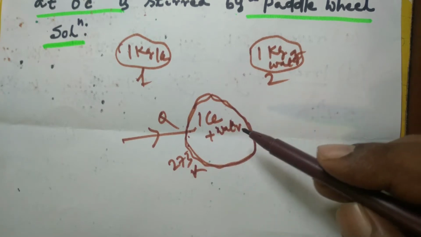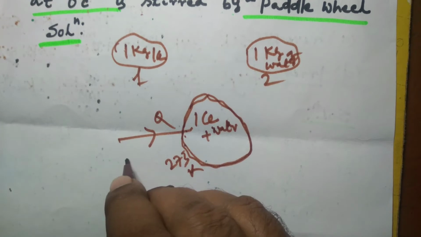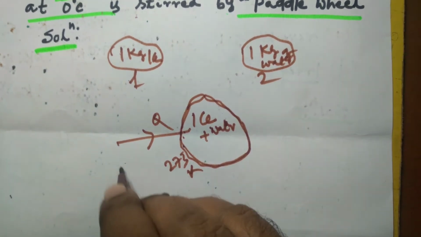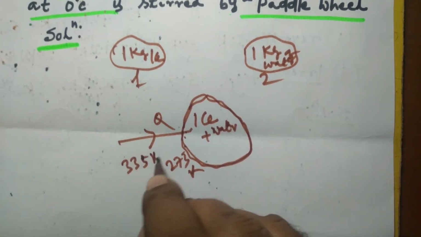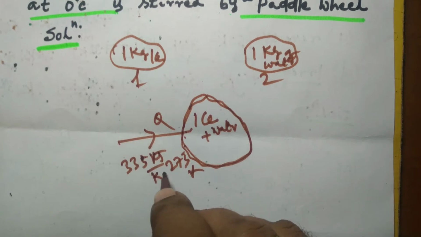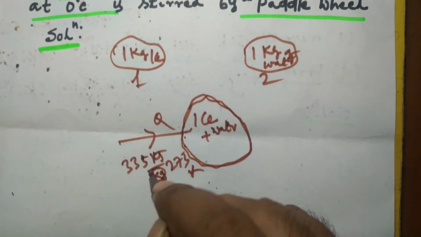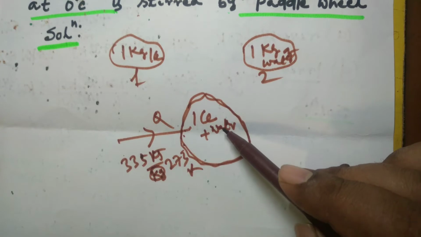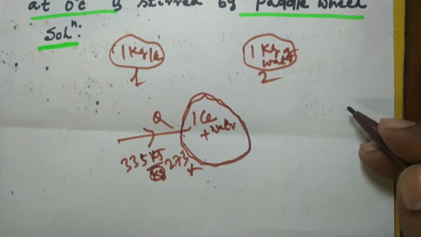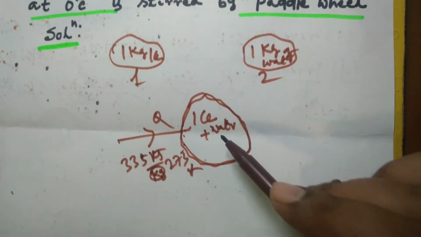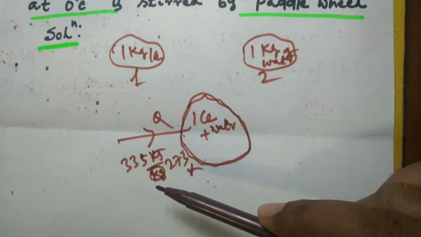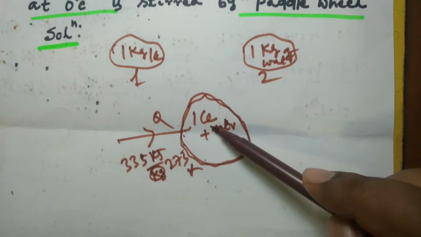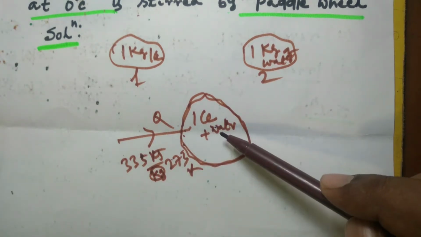So when you supply 335 kilojoule of heat, only then is ice converted into water. Since 1 kg of ice is converted into water, this much heat is supplied to this mixture of ice plus water.